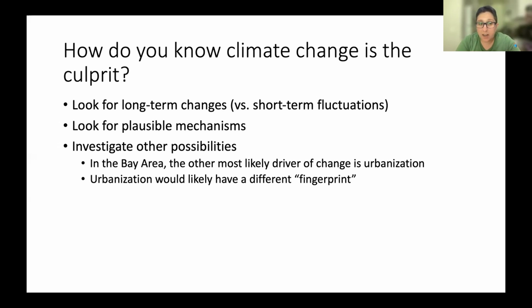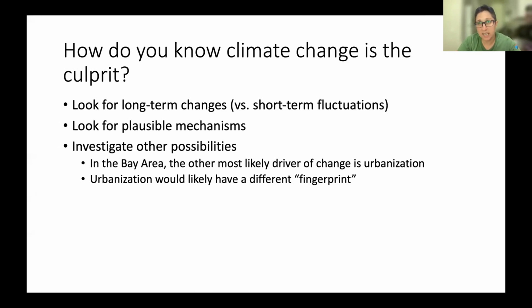And then, of course, investigate the alternatives, right? You can rule out other things. In the Bay Area, the big one that you usually need to rule out is urbanization. So especially around here, we've had increasing urbanization, which leads to habitat loss, lots more traffic, cars, habitat fragmentation. All those things have also been happening as time moves forward.